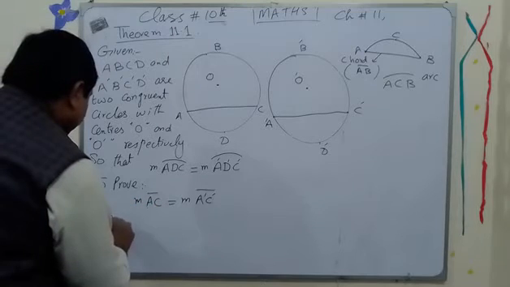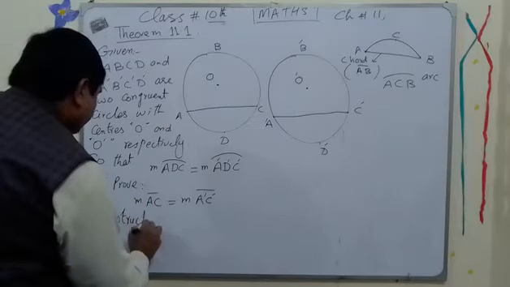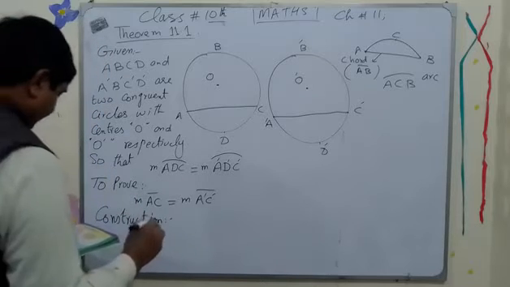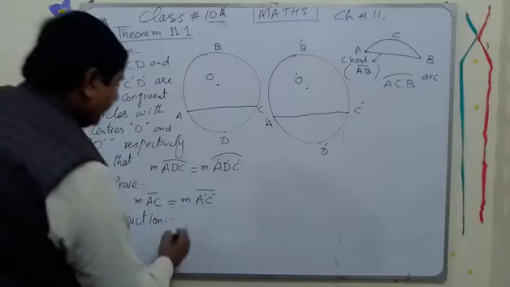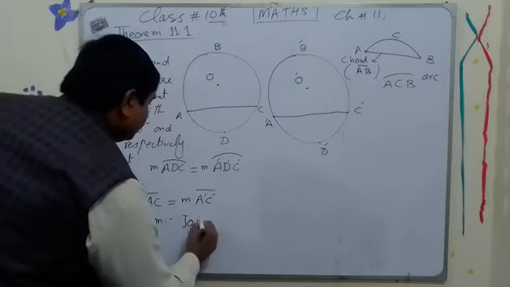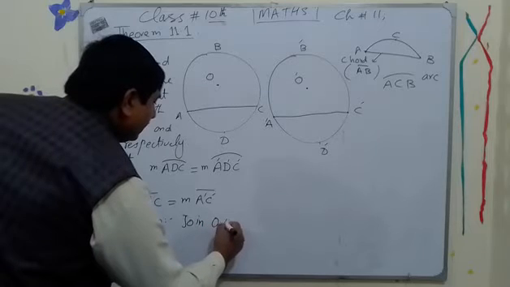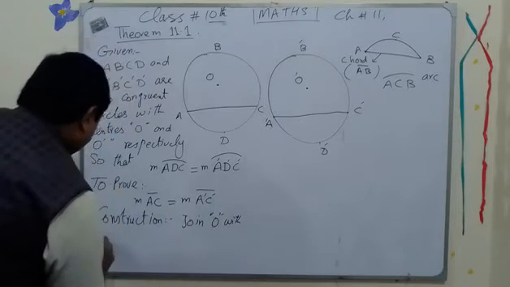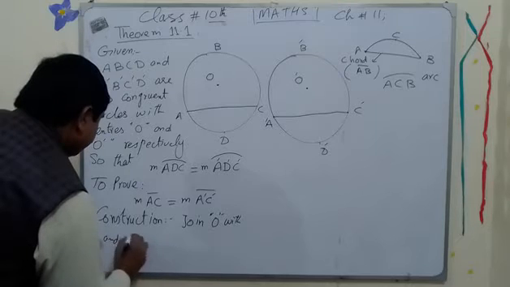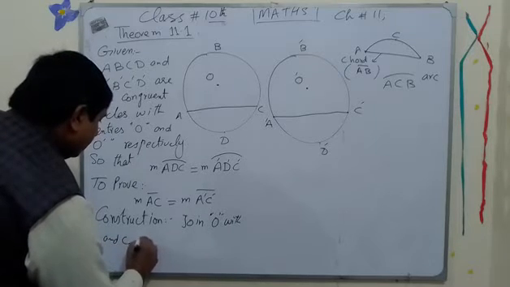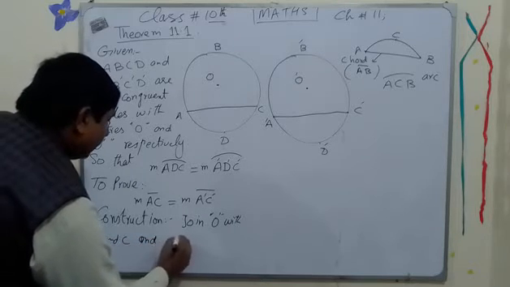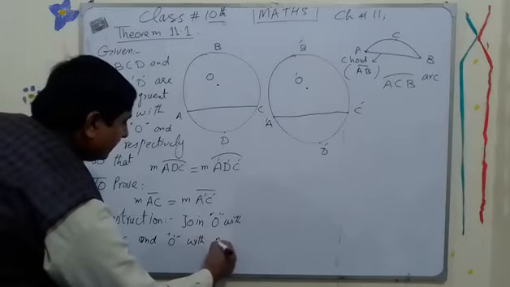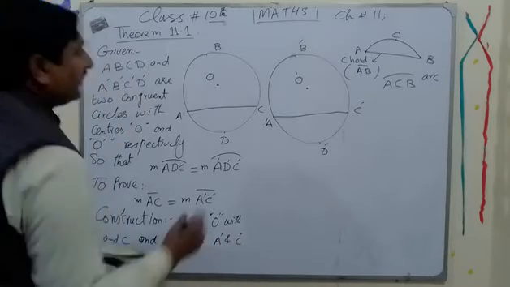What about the construction step? In the construction step, we have to join O with A and C, and O prime with A prime and C prime.